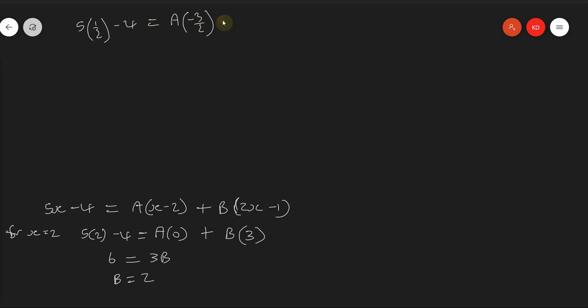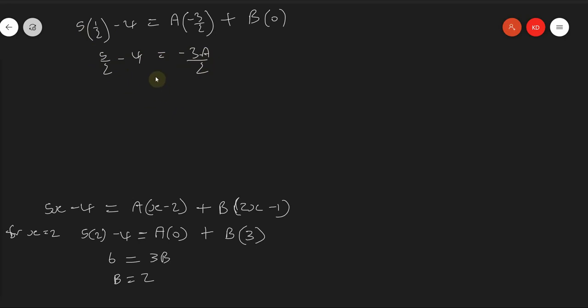Good, and plus this would just be b times 0 as stated before. So now let's solve for a. 5 times a half, that's just 5 over 2 minus 4 is equal to negative 3a over 2.